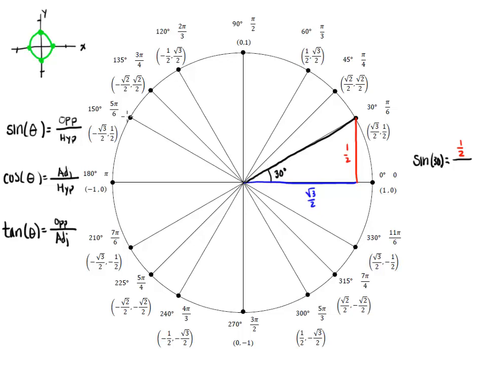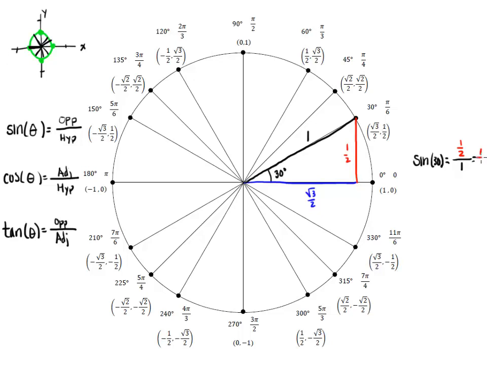It's always going to be the radius, and they're always going to be the same length. So let's look at this one right here. How big is this line? Remember, it's on the grid right here. That distance is 1. In fact, it doesn't matter where I put that line. It's always going to be a distance of 1. So the hypotenuse is 1. So we have 1/2 over 1. So the sine of 30 is equal to 1/2.